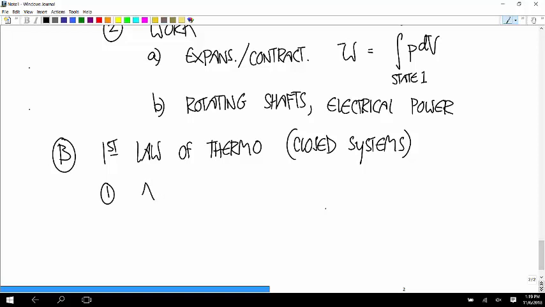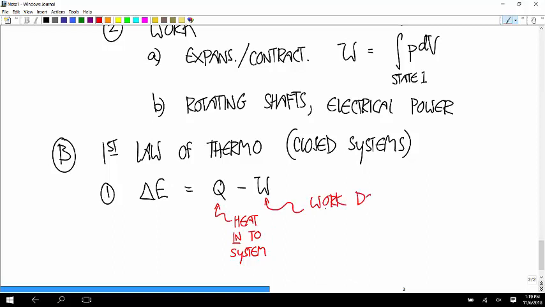First we talked about it in this form: the change in energy is equal to Q minus W. And this is where we introduced the really major sign convention issue of this class. Q is the heat that goes into the system, and W is the work done by the system.